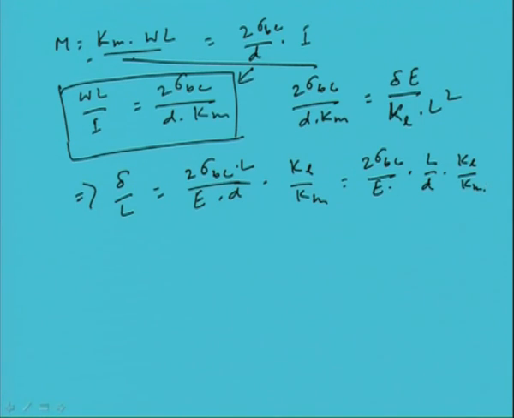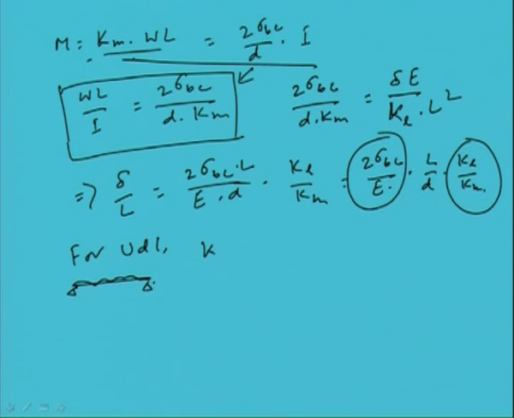For a particular case we know the E value from the material property and the stress. So, we can find out the delta by L ratio. Say for a UDL load with simply supported beam, we know KL is 5 by 384 and Km is 1 by 8 as we have seen earlier. So, we can find out delta by L from this equation.